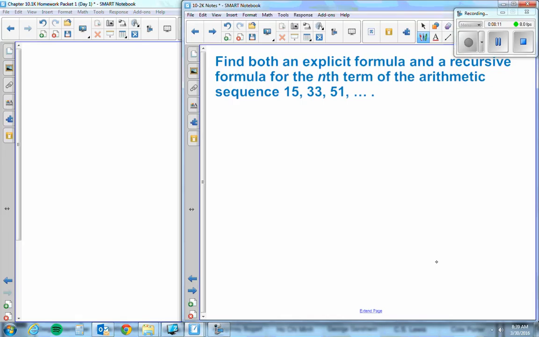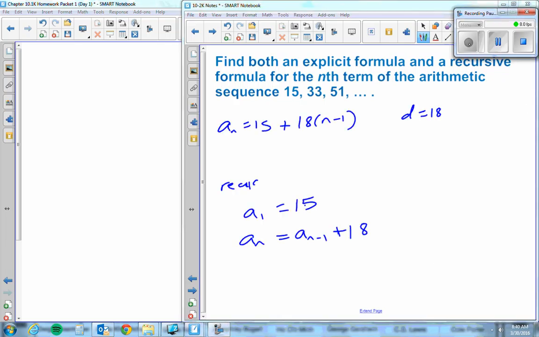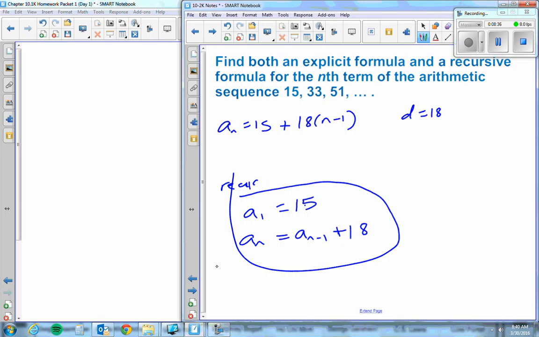Write this one down. You do this one actually. And if you look up here and check your work, obviously in the first part you just plug into the formula. And the second part should be self-evident. You start with 15 and you increase by 18 every time. Yes.